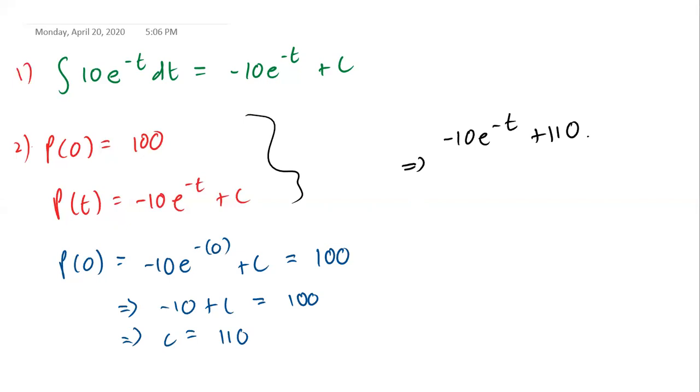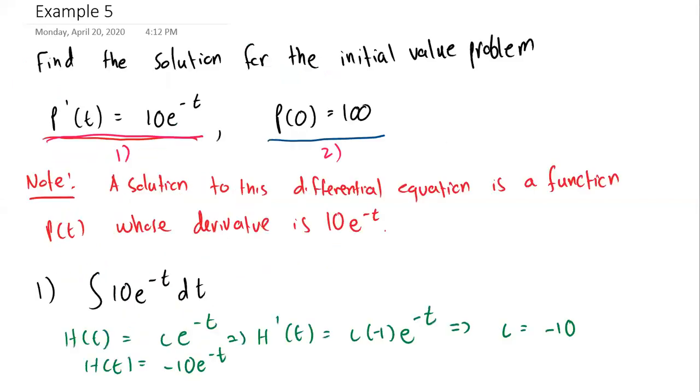And then that's the answer. That's how you solve an initial value problem. Right? First do this part, where you find a function whose derivative is 10 e to the negative t, same as finding the indefinite integral, because you can just find all of them, might as well. And then make sure that you find one that specifically satisfies this property.